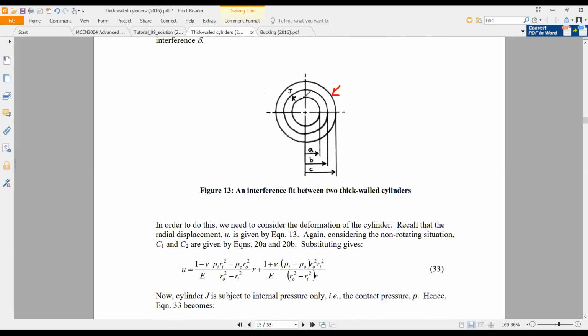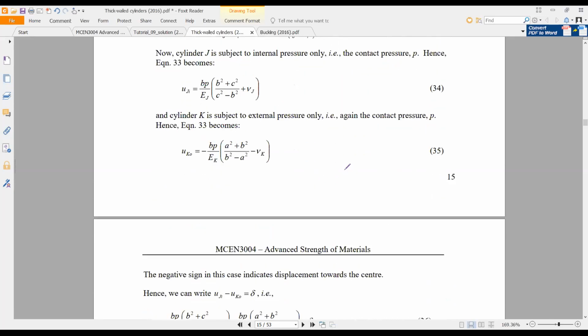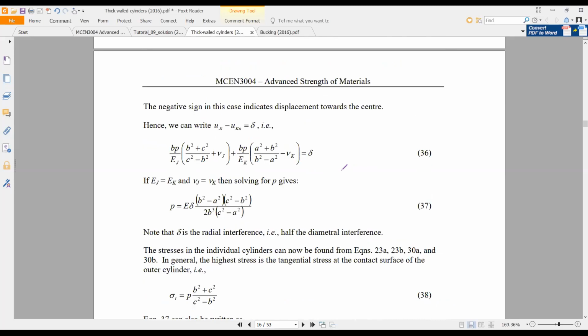Due to J, K is trying to shrink. So if you get the difference between these displacements, you will get the actual radial interference. So we label that radial interference as delta. You can see here, yeah, delta is the radial interference.